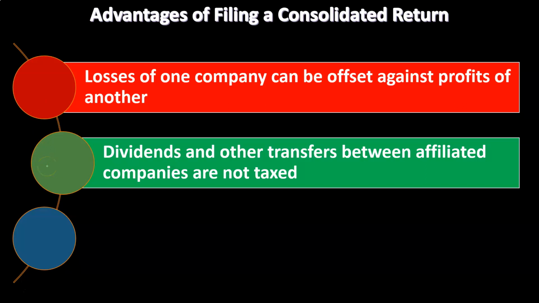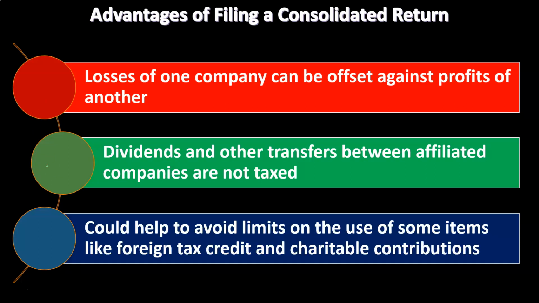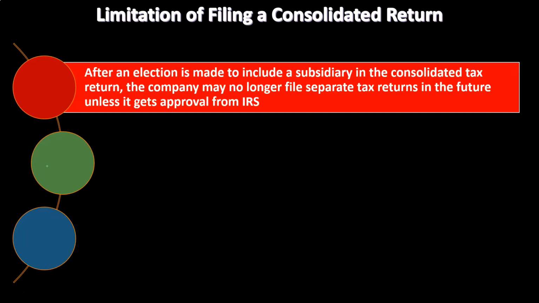Dividends and other transfers between affiliate companies are not taxed and could help to avoid limits on the use of some items like foreign tax credits and charitable contributions. In other words, if there's an AGI limitation, an adjusted gross income limitation, a phase out of some kind, then having two entities together may provide more eligibility depending on how the phase out works with your income limitations.